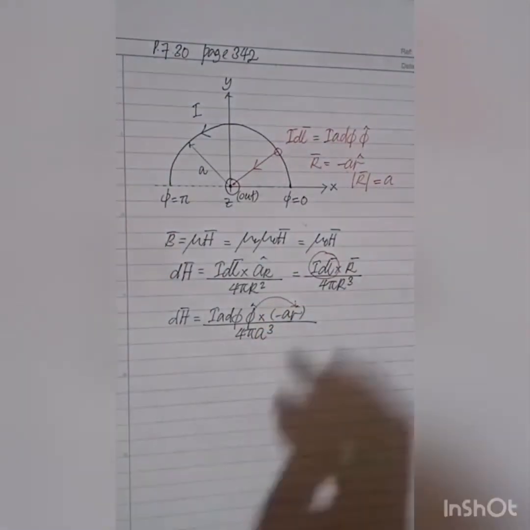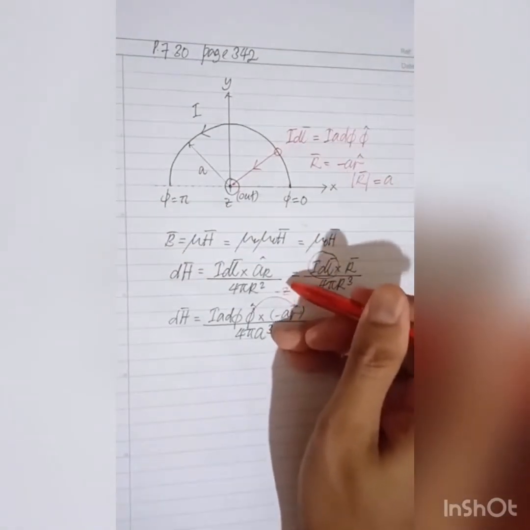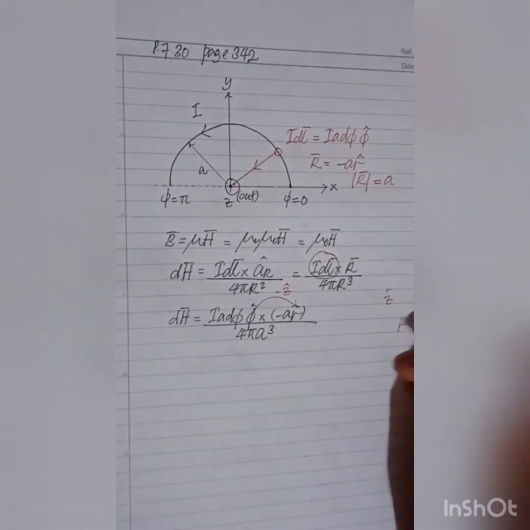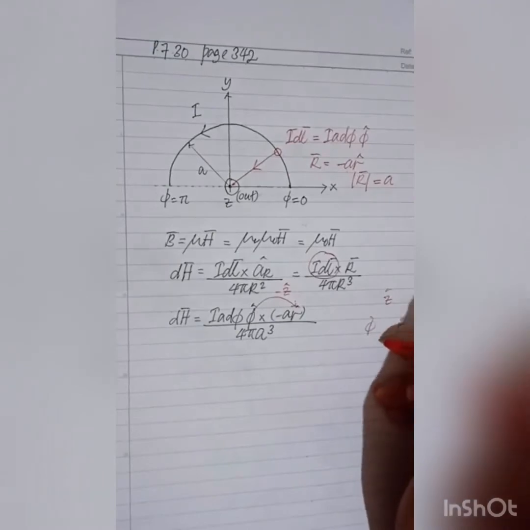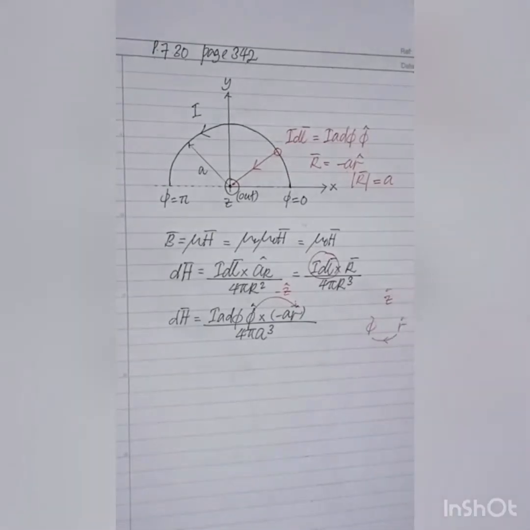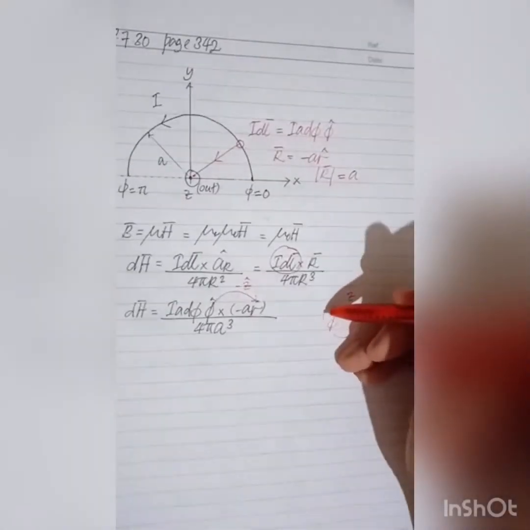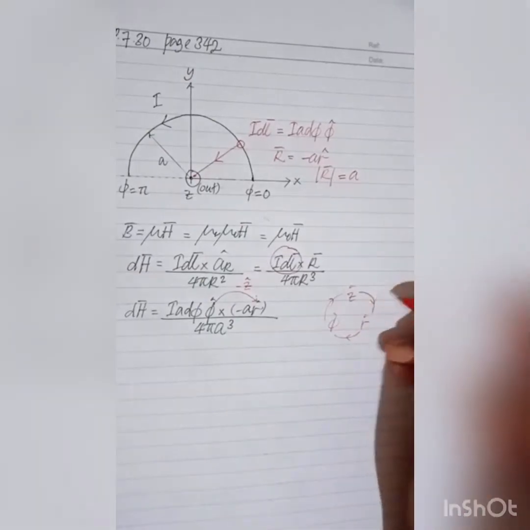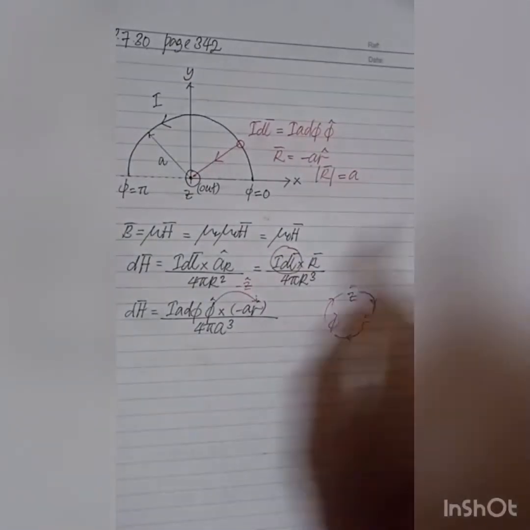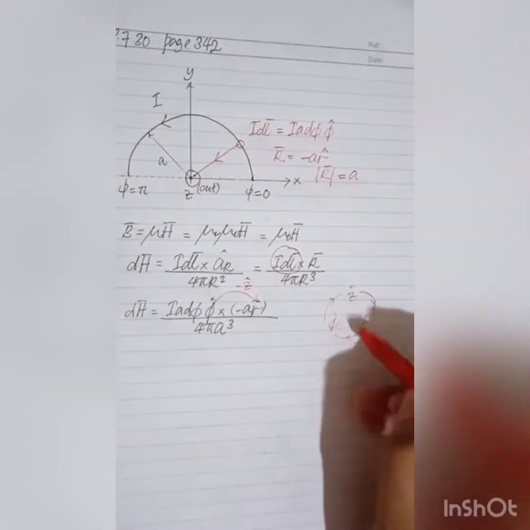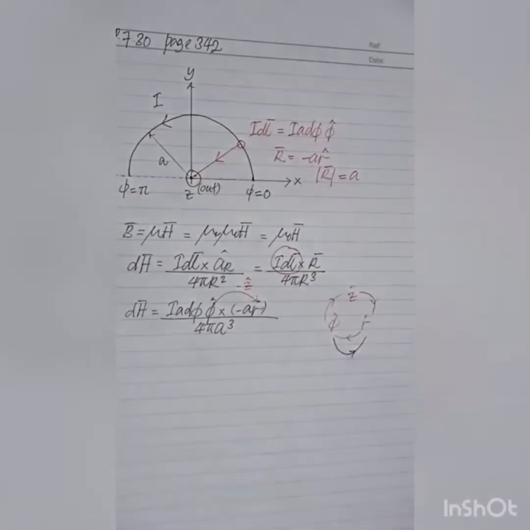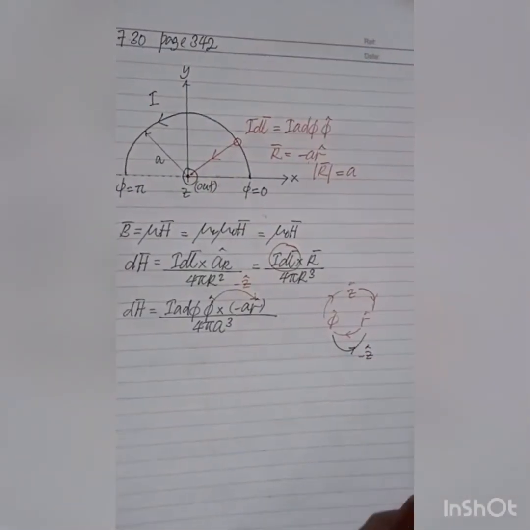The phi cross r is supposed to be negative z, because based on simple analysis, this is your z, this is your r, this is your phi. The r cross phi gives positive z, the phi cross z gives positive r, and the z cross r gives positive phi. But now we want the phi cross r, the other way around, so the output should be negative.